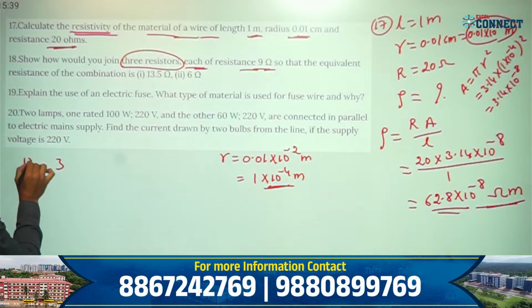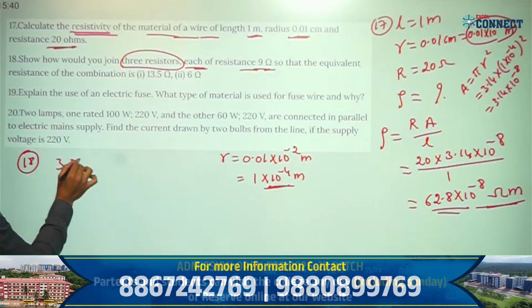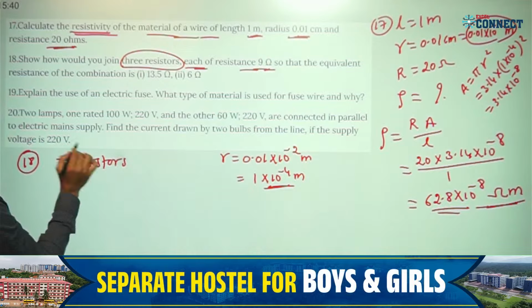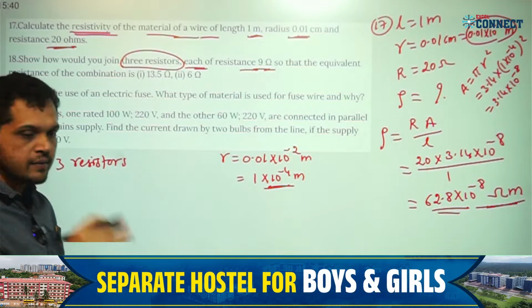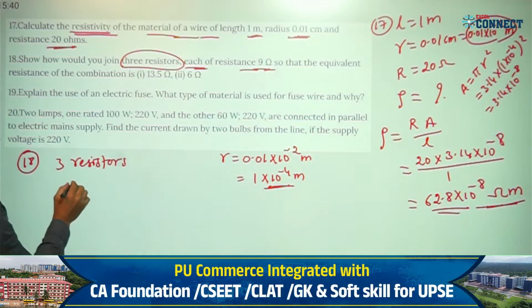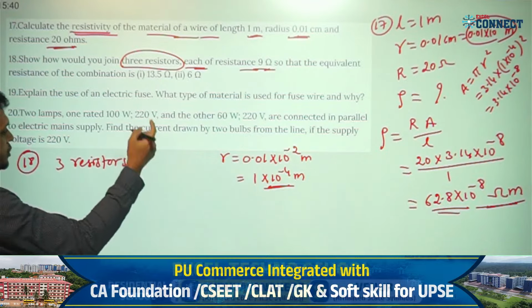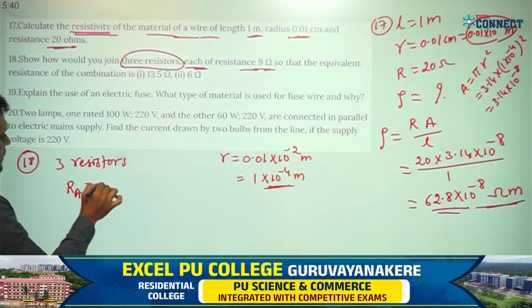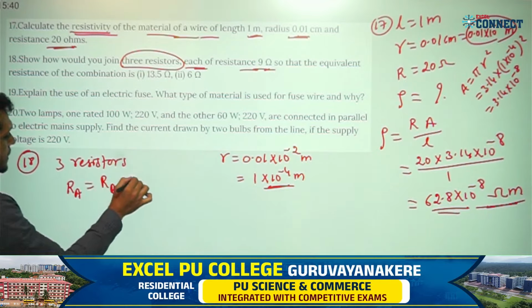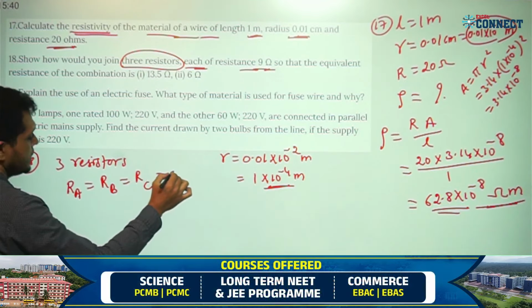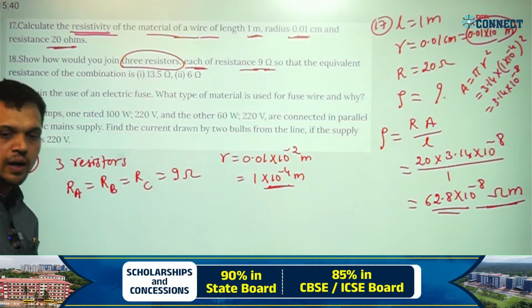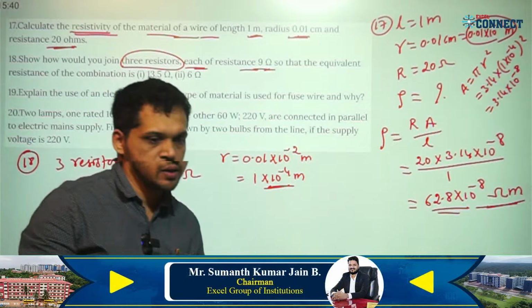Question number 18. Each of resistance 9 ohm. I will take the 3 resistors A, B, C, that is RA, resistance of A, resistance of B, resistance of C. All are equal, 9 ohm. That is given. Okay.